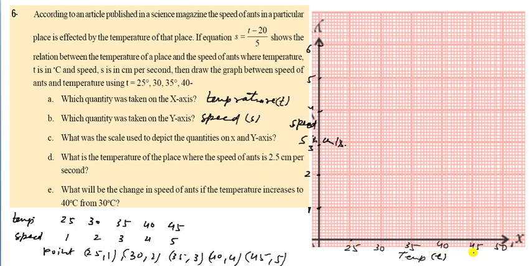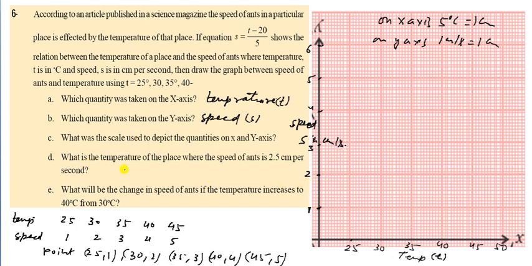On the x-axis there is a difference of 5, so 5 degrees C is equal to 1 centimeter. And on the y-axis, 1 centimeter per second is equal to 1 centimeter. So you can plot it like this.